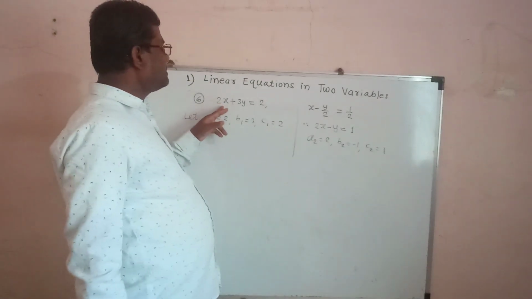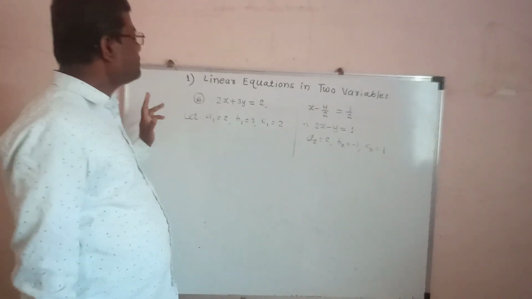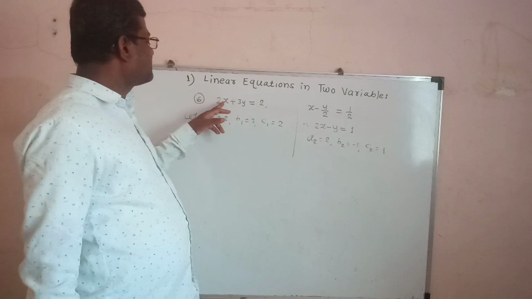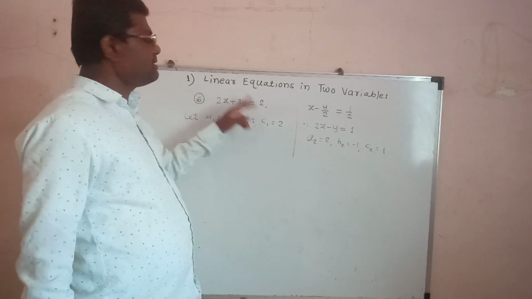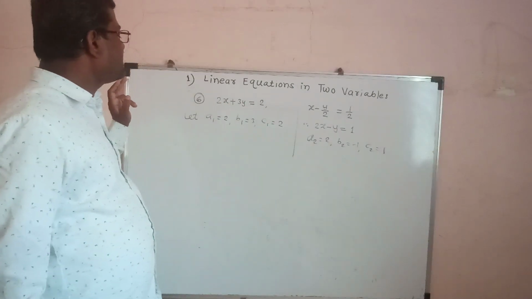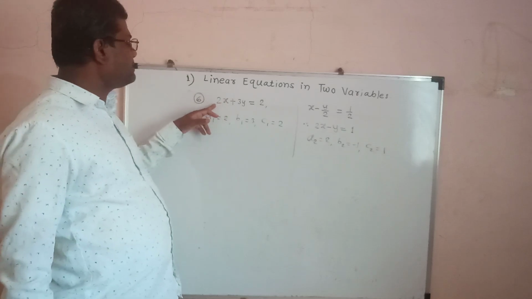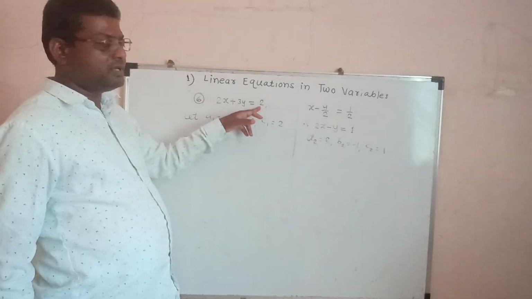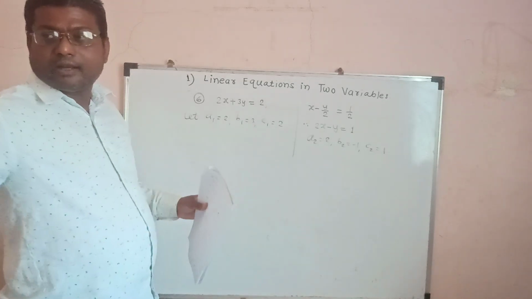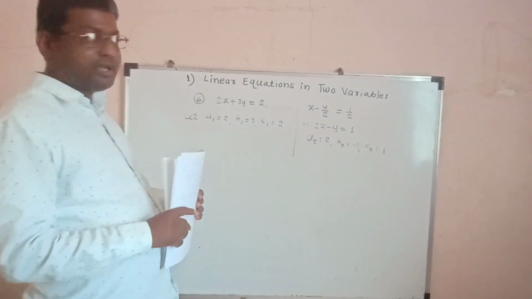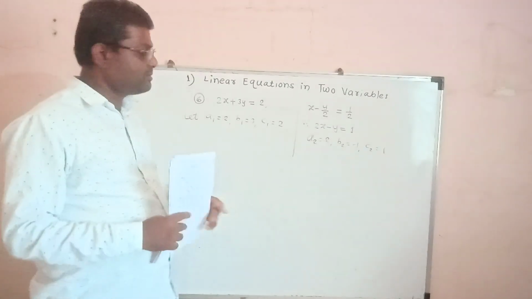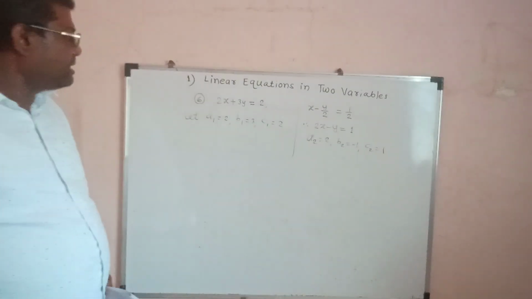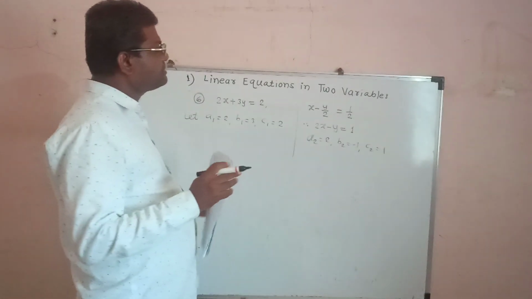At first we have written the given equations. 2x plus 3y is equal to 2 is the first equation. Coefficient of x is 2, coefficient of y is 3, and constant term is 2. Therefore a1 is equal to 2, b1 is equal to 3, and c1 is equal to 2.